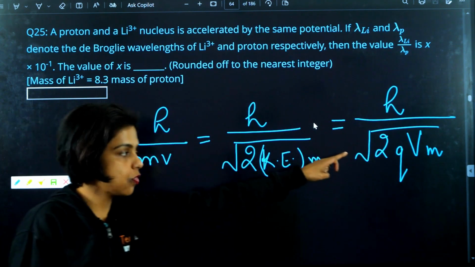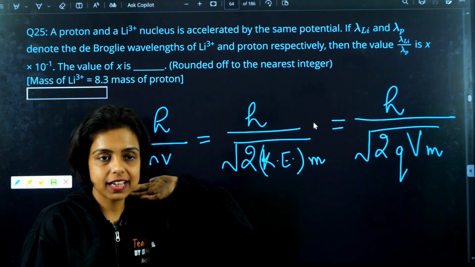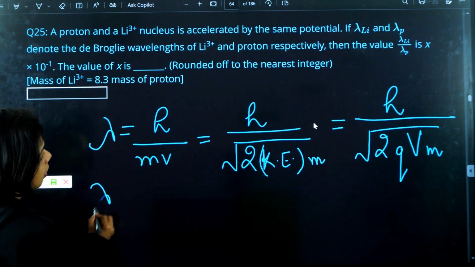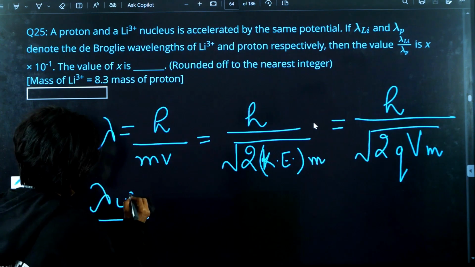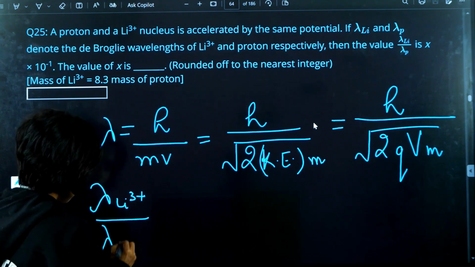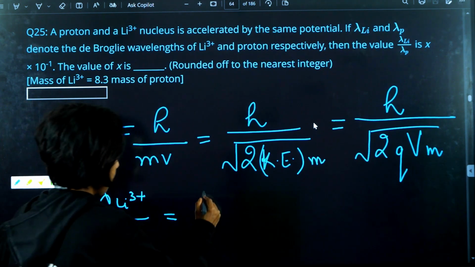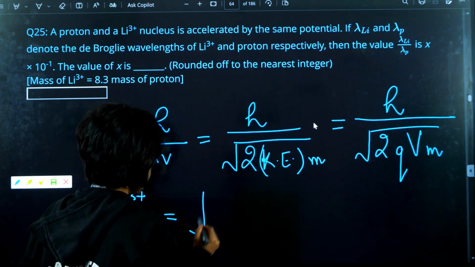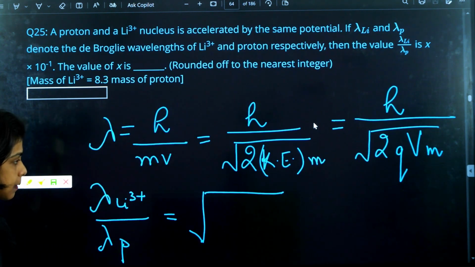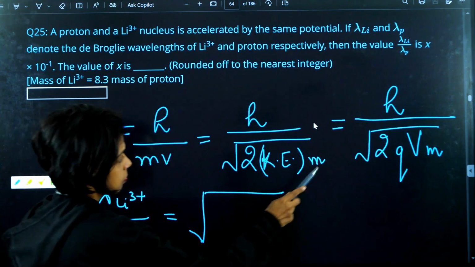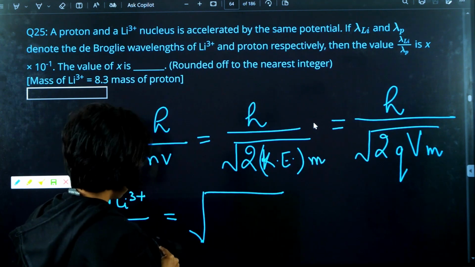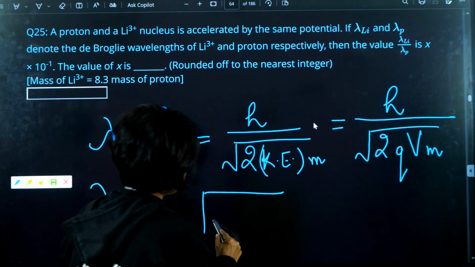So I'm going to use this formula for both. Got it, guys? So lambda for lithium and lambda for proton. The ratio I'm supposed to calculate. So this is for proton and this is for lithium.